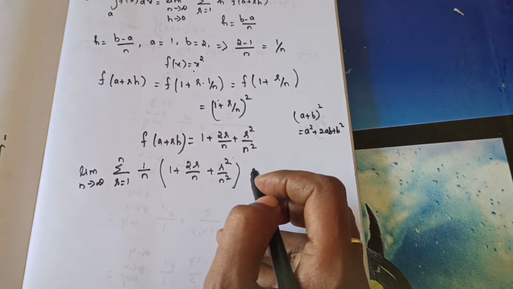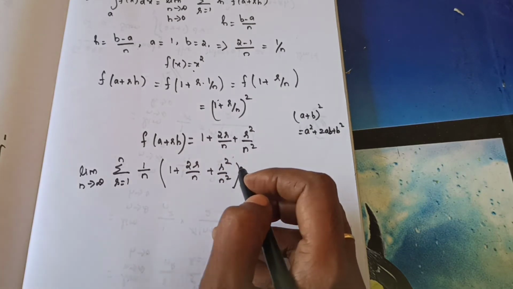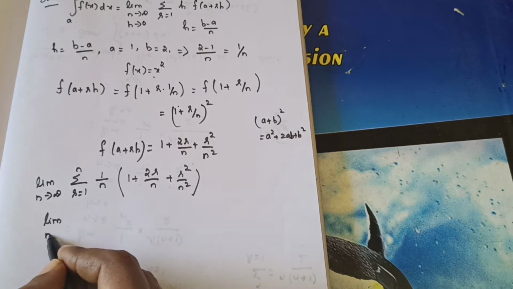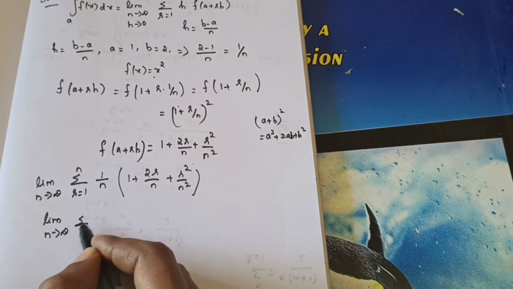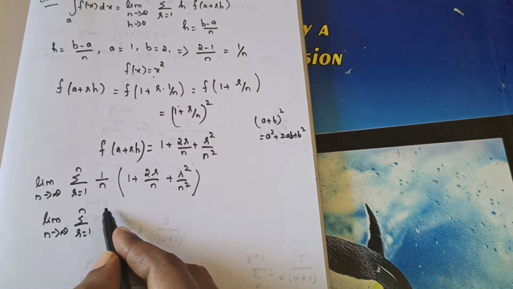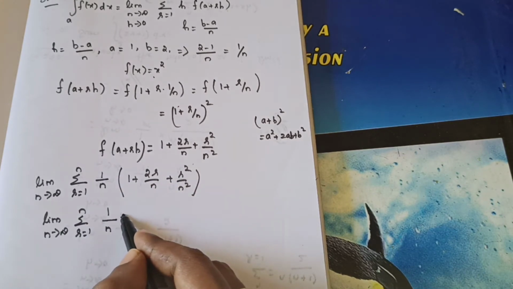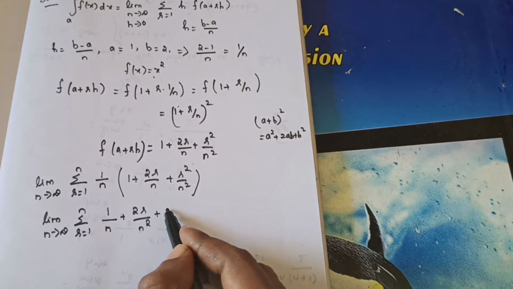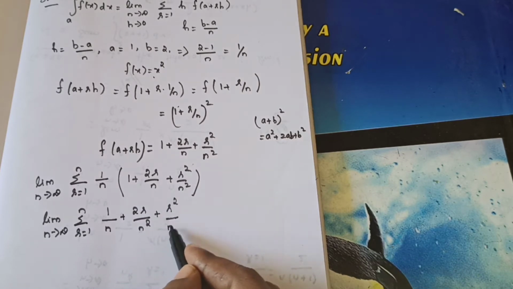Next step, you will multiply inside. Limit n tends to infinity, summation r equal to 1 to n, multiply 1 by n inside. So what will happen? 1 by n plus 2r by n square plus r square by n cube.